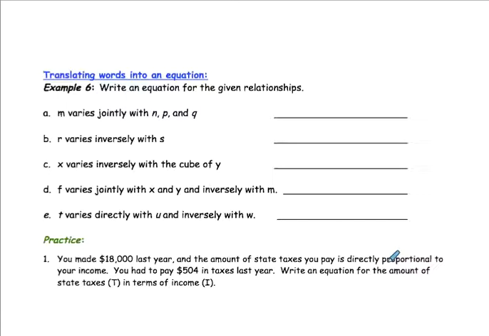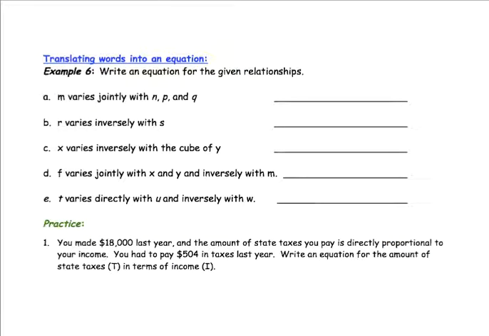So on the last page, we're trying to translate words into an equation. And here we were combining joint variation and inverse variation, and we can have both of those in the same expression. So if m varies jointly with n, p, and q, we would have m is equal to k times n times p times q.